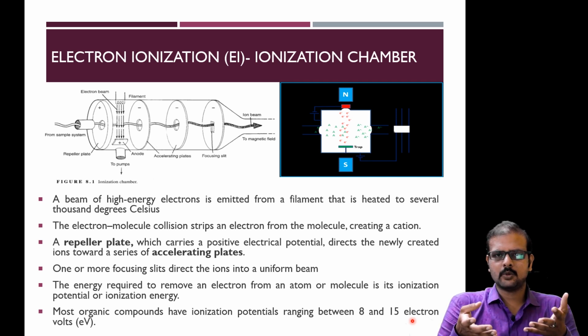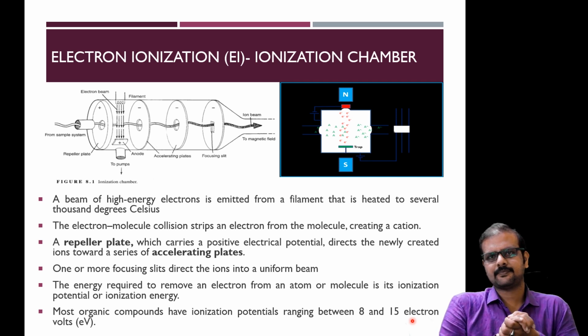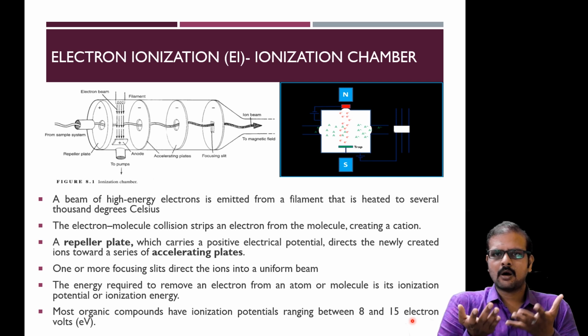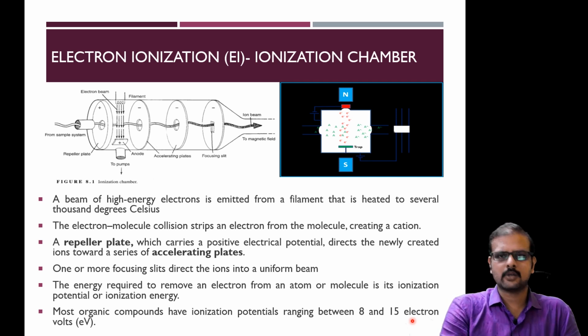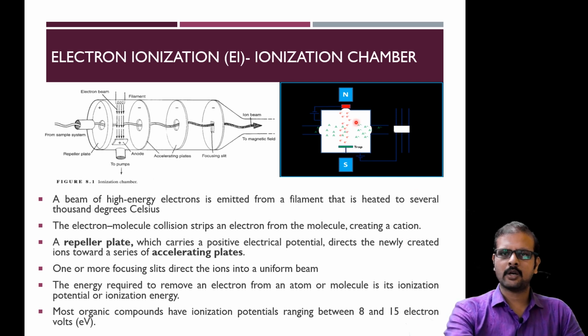But we give almost 70 electron volts of energy to ensure complete ionization. We use a high energy because all the molecules should collide with the electrons and be converted into molecular ions. Without that, there is a trap here where the non-collided molecules and the electrons will be collected.